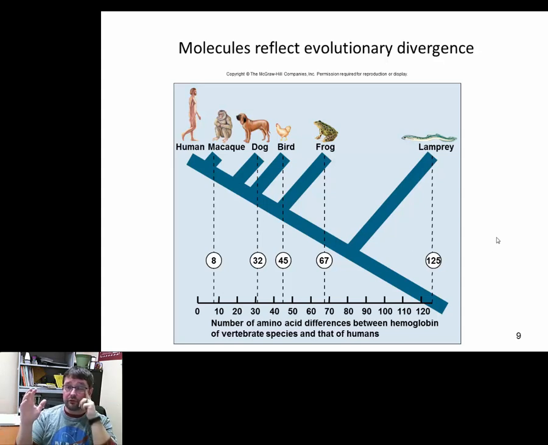Now, some proteins are so specific that they rarely change at all. You look at the protein in a lamprey and the protein in a human, and they're still identical. We're talking hundreds of million years later, and they're still the same protein.